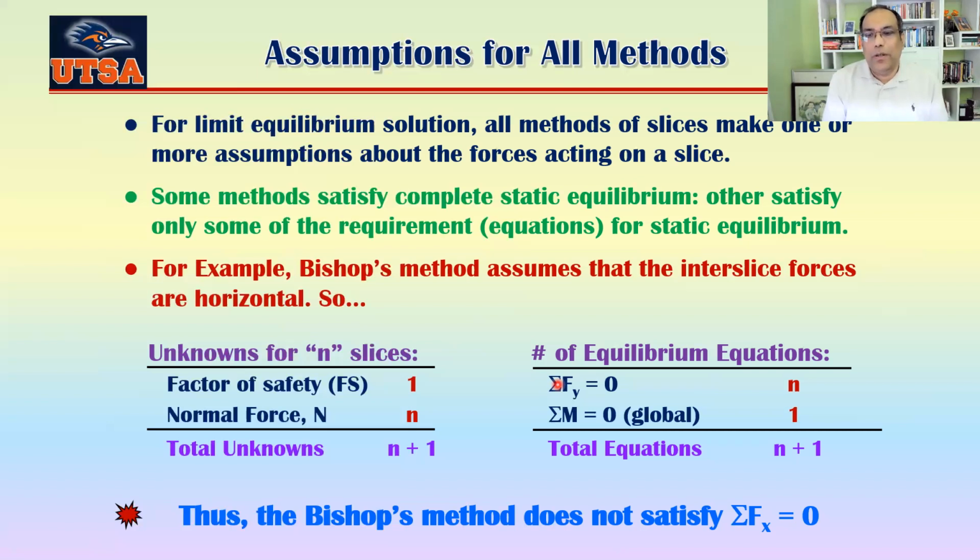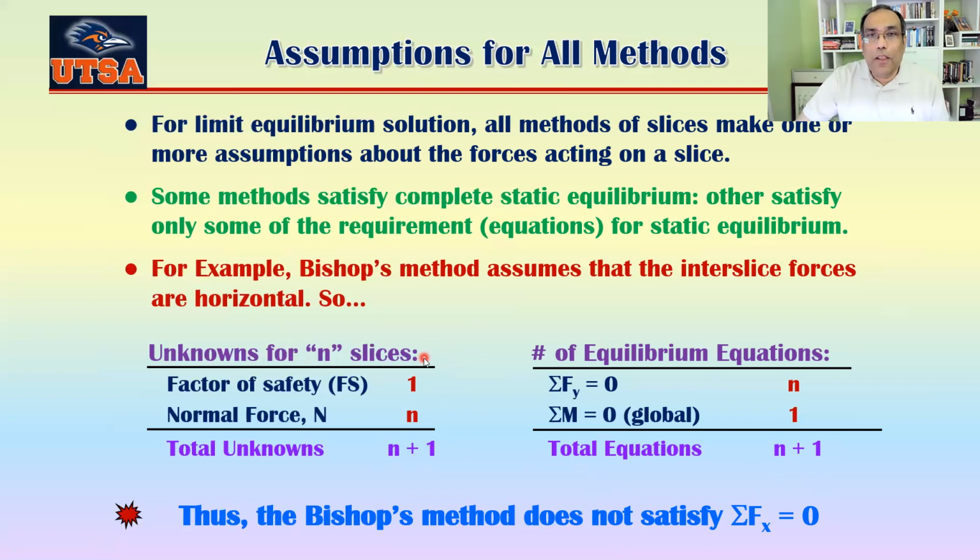interslice force. Okay, so the total number of unknowns is basically the factor of safety and the normal force, which for n slices, you have just n. So total unknowns is just n plus 1, and the total number of equations he is using is n plus 1. Thus Bishop's method doesn't satisfy the summation of Fx equal to 0.